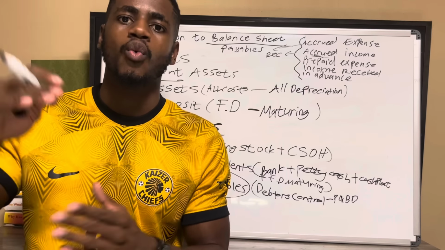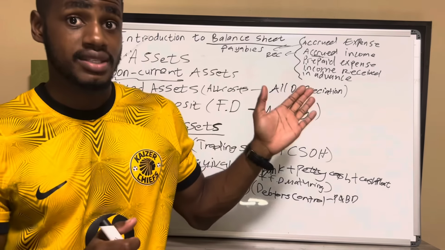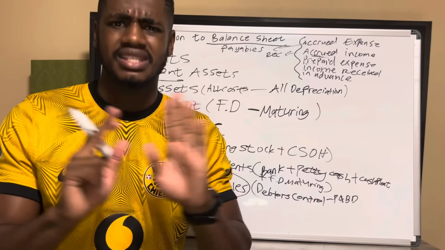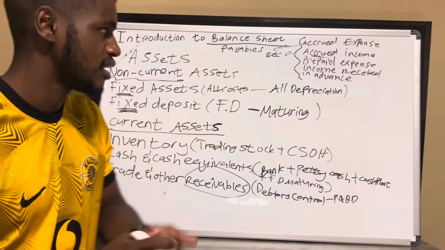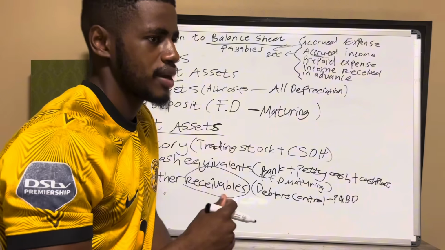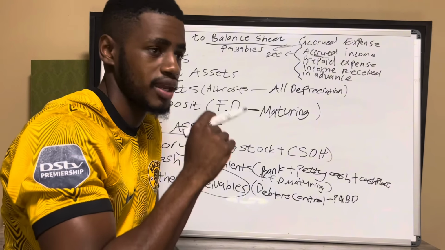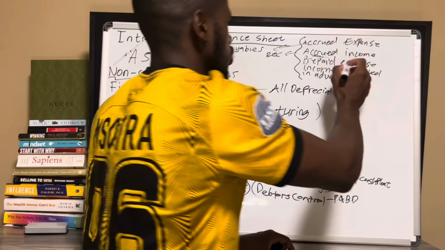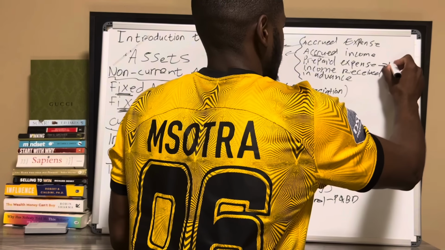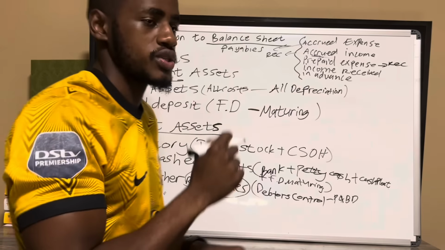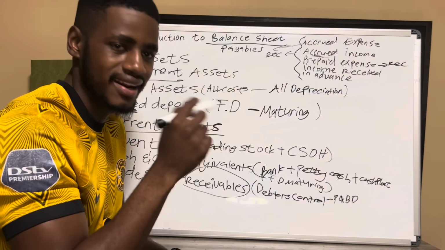They'll be recording it when its time has come. Let's just say it like this to keep it simple without me going any further. So prepaid expense, we paid early, then they are going to be giving us back the money because we paid early. So this will be going to our receivables. We still need to receive this because we paid early.